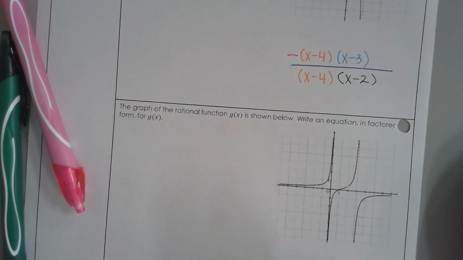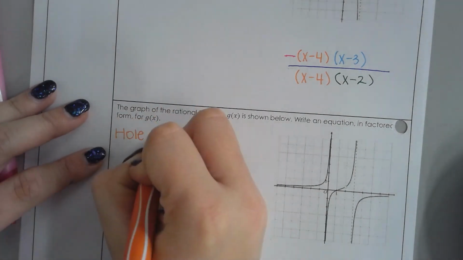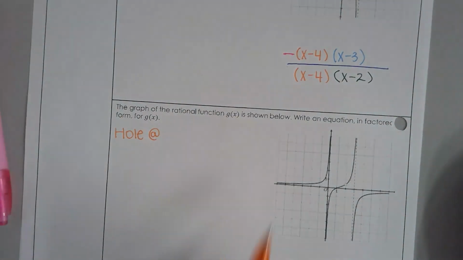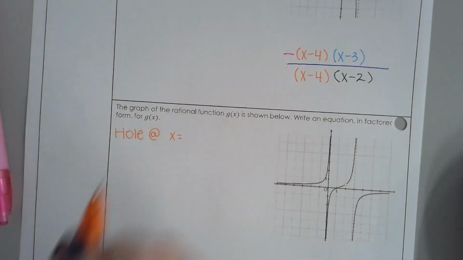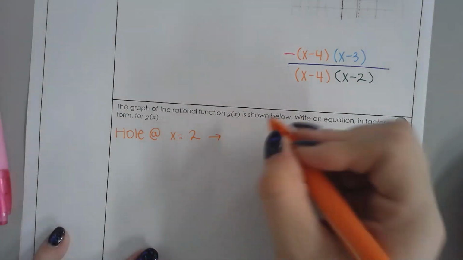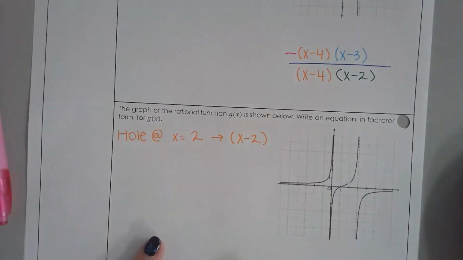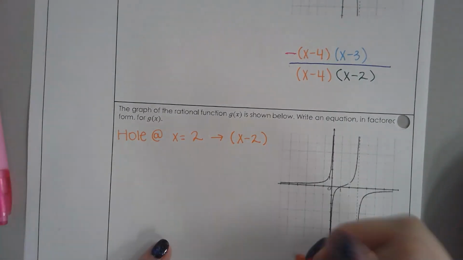Alright, so hole. My hole is at x equals what? 2. So I should have the factor. What should my factor be? X minus 2. And holes, you have that factor in the top and the bottom.